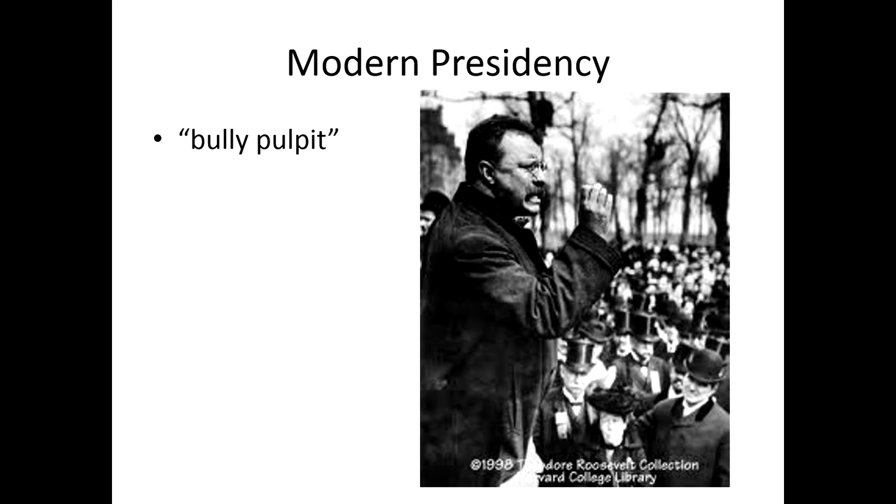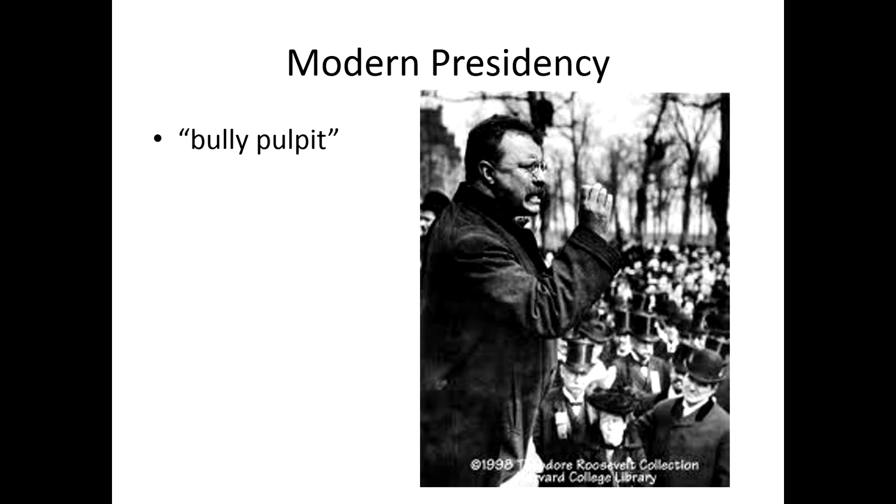If big business victimized workers, President Roosevelt promised that the common people would receive what he called a square deal.